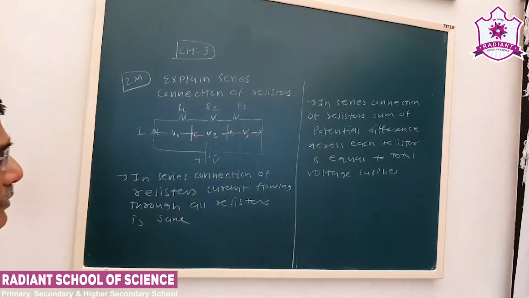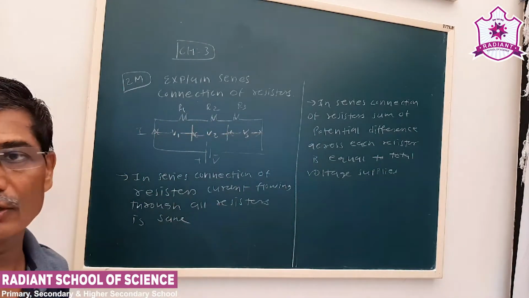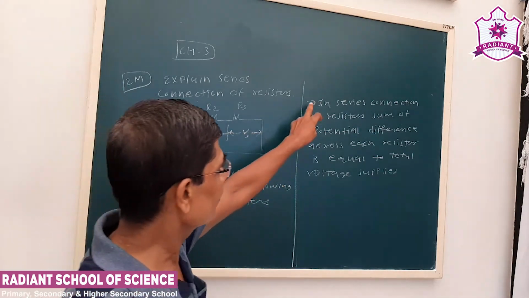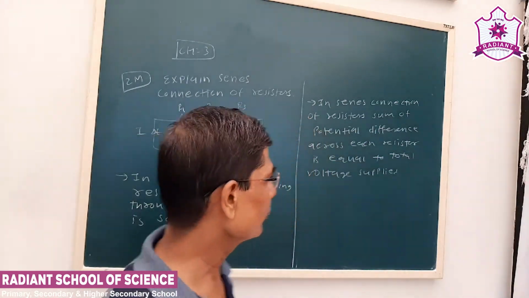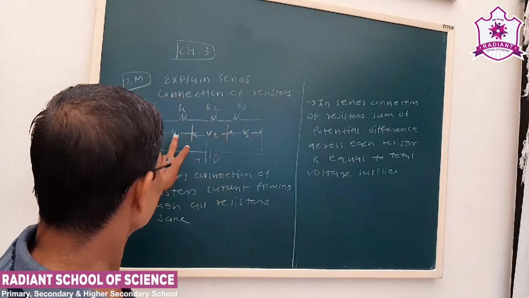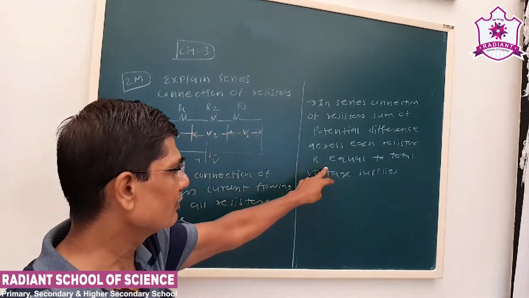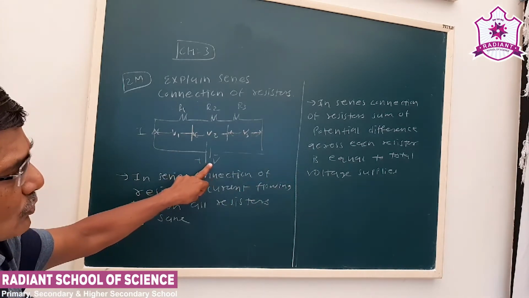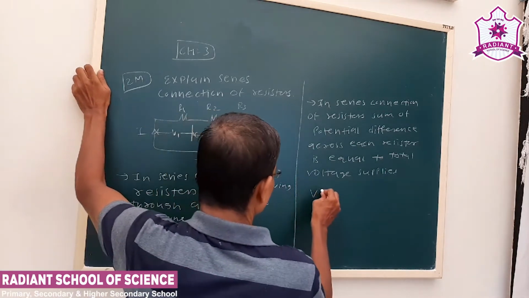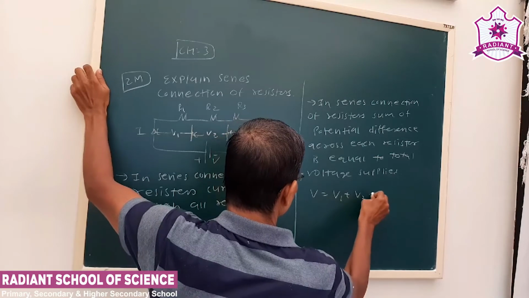Now in series connection, the current flowing through all resistors is the same. The sum of the potential differences across each resistor, that is V1, V2 and V3, that is V1 plus V2 plus V3, will be equal to the total voltage supplied. The total voltage supplied here is V. So we can write V is equal to V1 plus V2 plus V3.